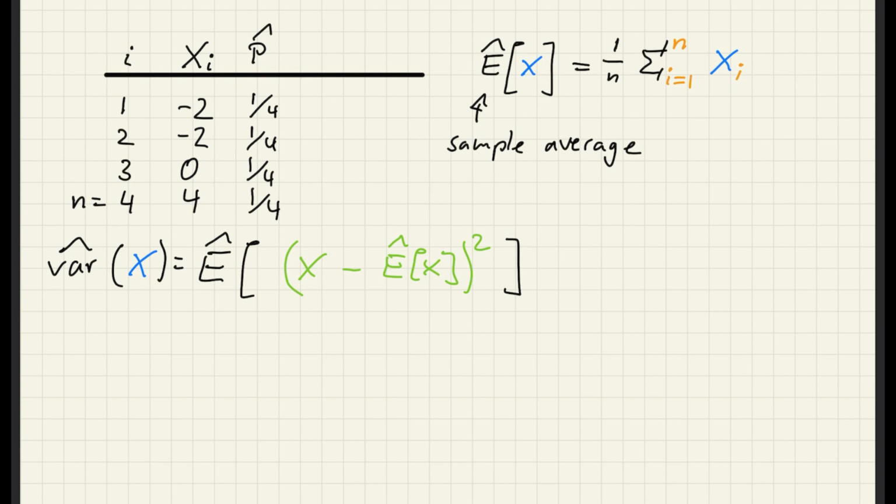Now remember that in this example, this was 0. This will make it a little easier for us to compute the sample variance, because we can just think about the sample average of X squared.